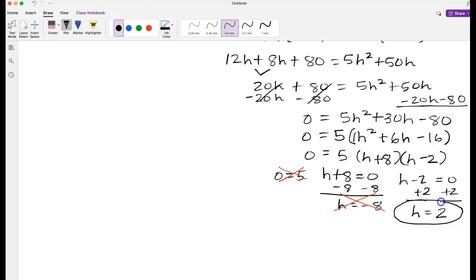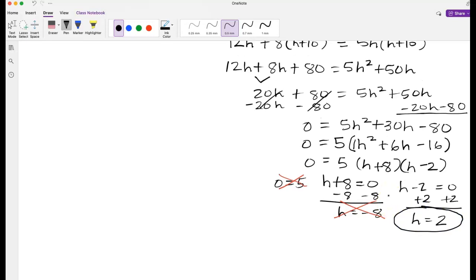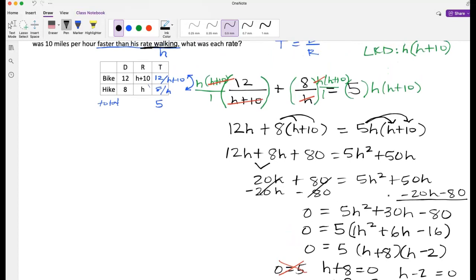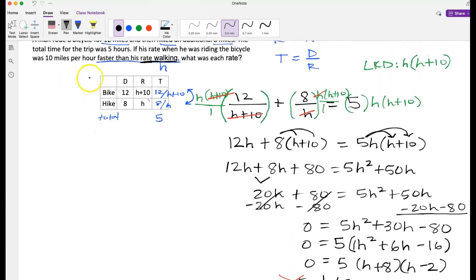Okay, now what is this, right? So let's go back up here and see again what we had. All right, so we said h was the rate walking. So I'm going to write over here, he's going to go 2 miles per hour when hiking, because that walking was the same thing as when he was hiking.